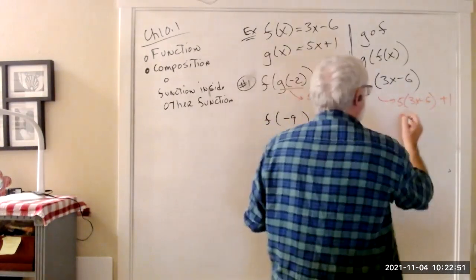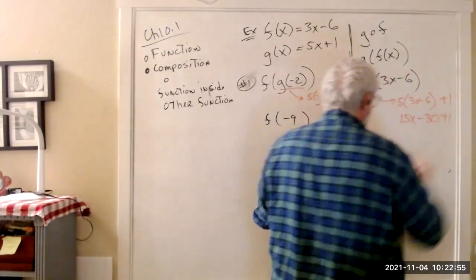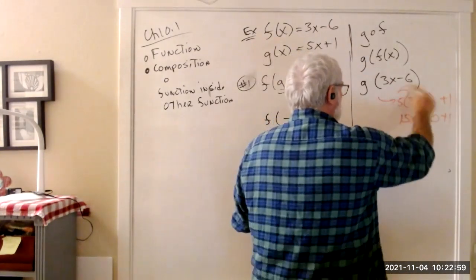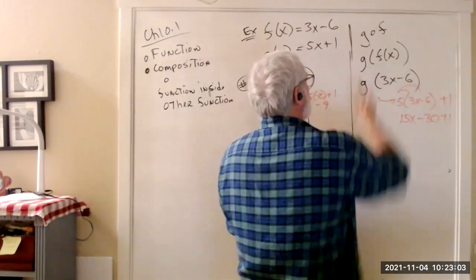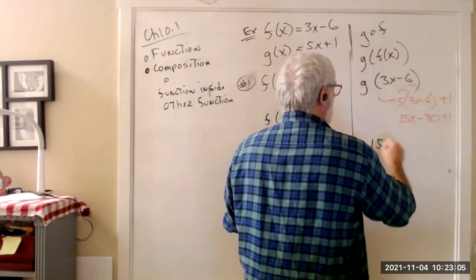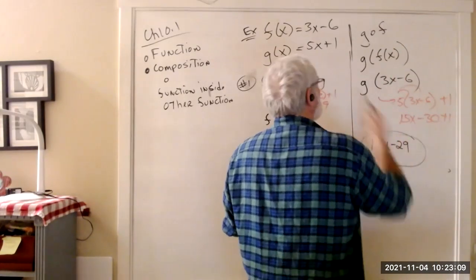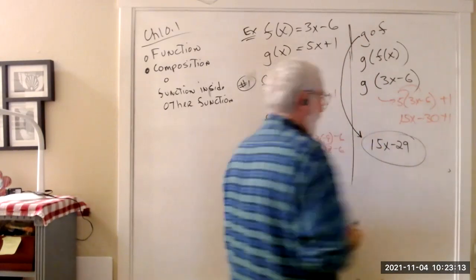So that's 15x minus 30, add 1, because you distribute. So I get the final answer for G circle F is 15x minus 29.